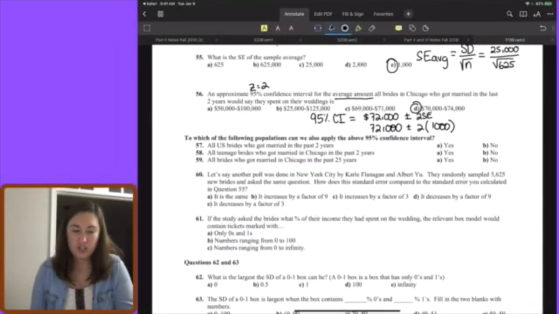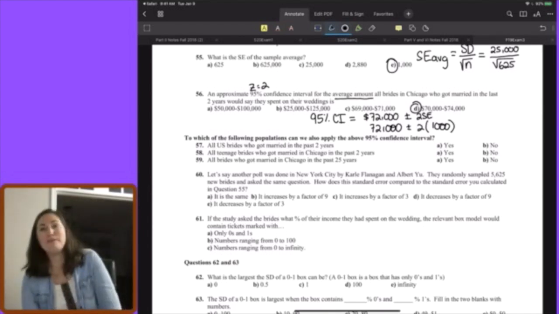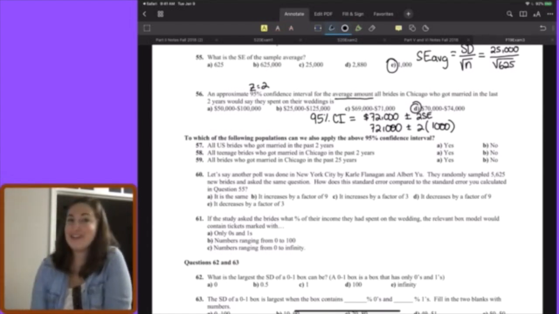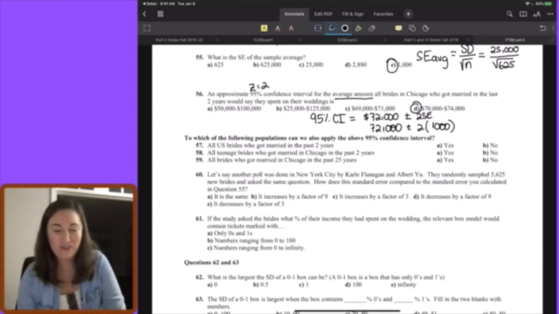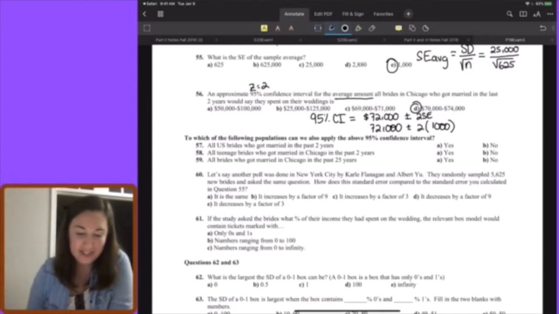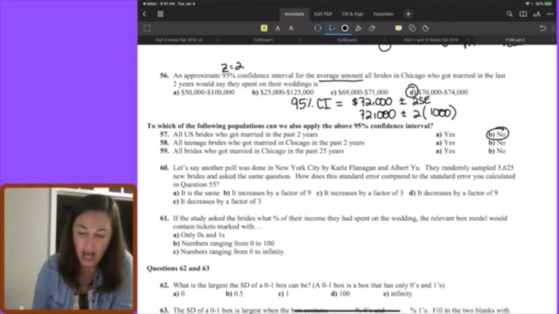To which of the following populations can we apply that confidence interval? Remember, only our population, not any subgroups, not anything bigger. I can't say that is the same for brides in Champaign, Illinois. I can't say that's the same for all brides in the U.S., only brides in Chicago. So all U.S. brides, nah.